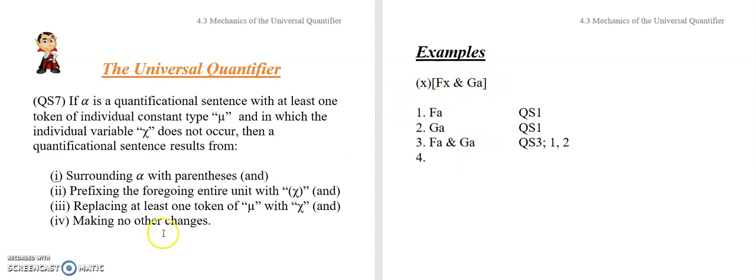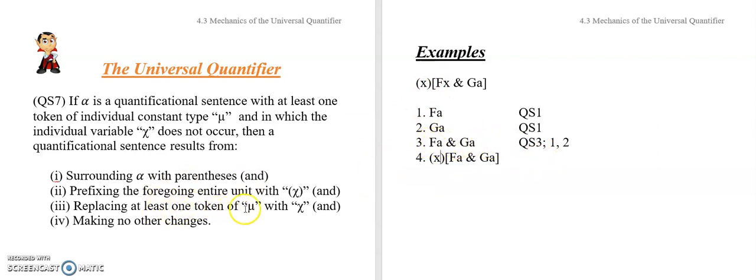So what the rule says, one more time, let's walk through it really slowly together, is if I surround an entire quantificational sentence with parentheses, and I prefix the entire unit with a universal quantifier in terms of some individual variable, in this case x, because that's what it asks for, and it doesn't appear in the sentence in question.